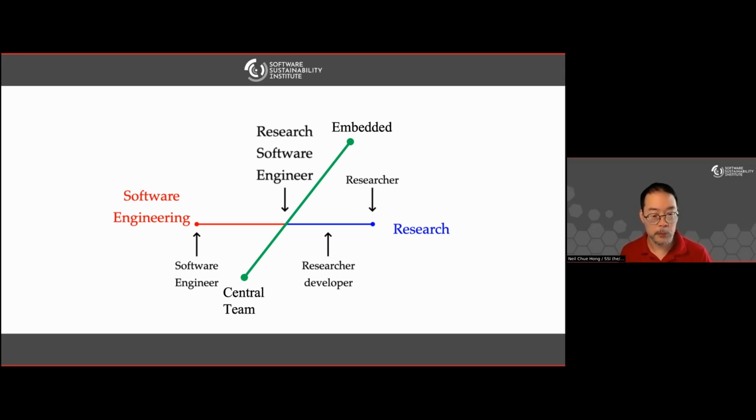So we've discovered that there are a whole number of different ways of doing this, from having centralized teams perhaps based at a university, to having embedded research software engineers within a research group and everything in between. At my own university, for instance, there is no central team. There are many different types of central team.